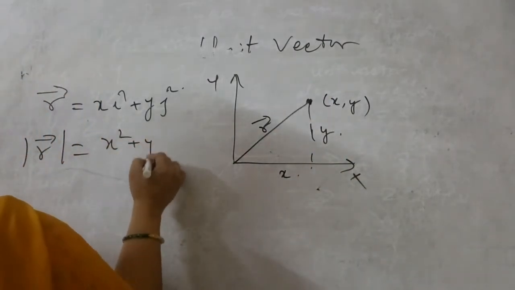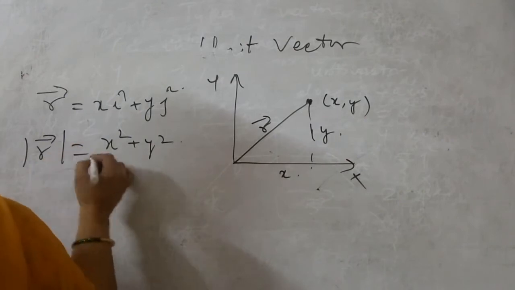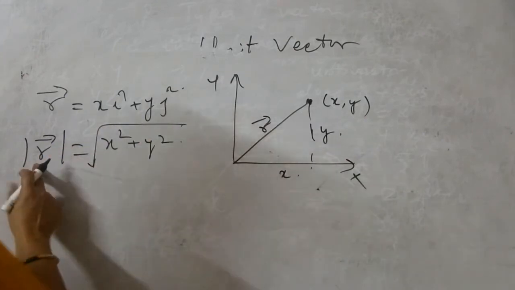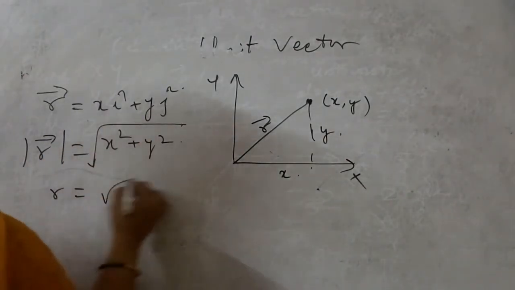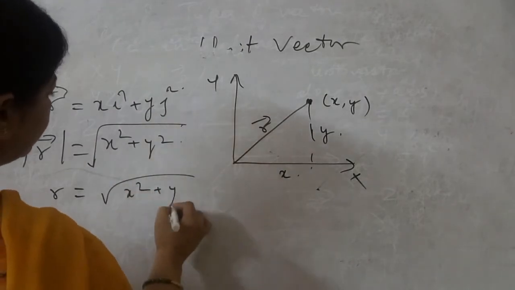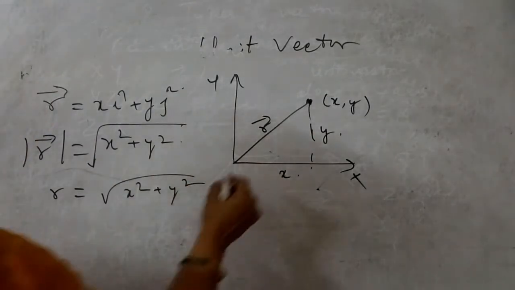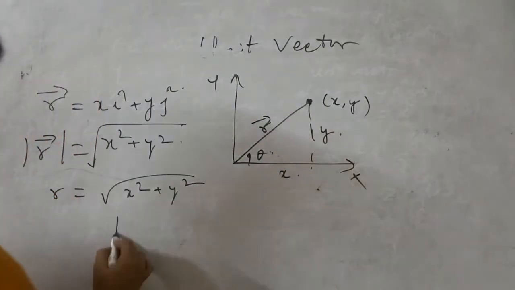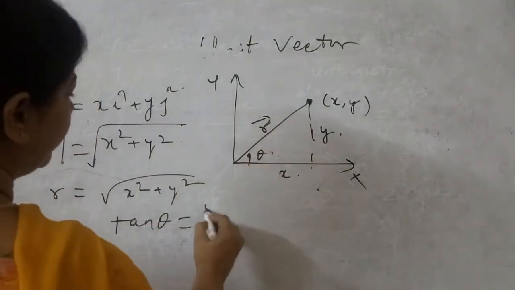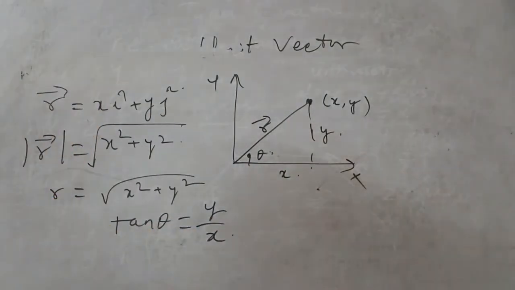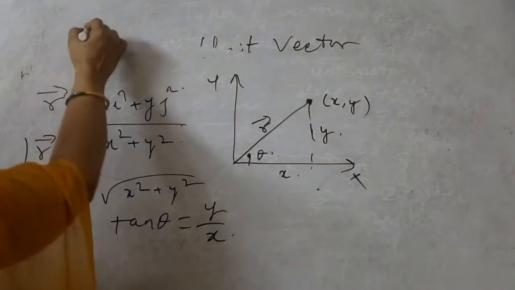Or simply r is equal to under root of x square plus y square. Fine. And if you want to find out the angle, then you know tan theta is equal to y by x. Clear?